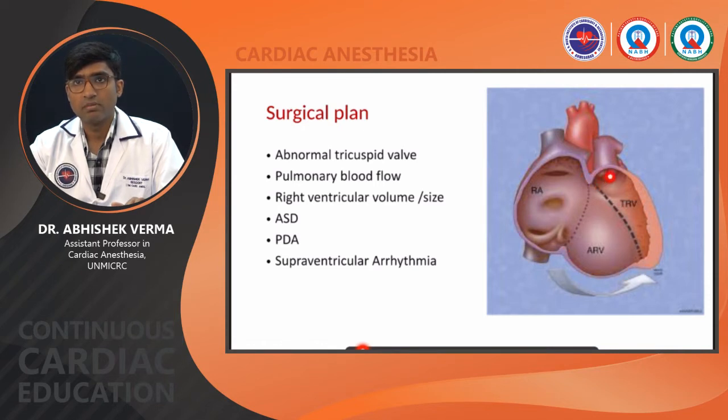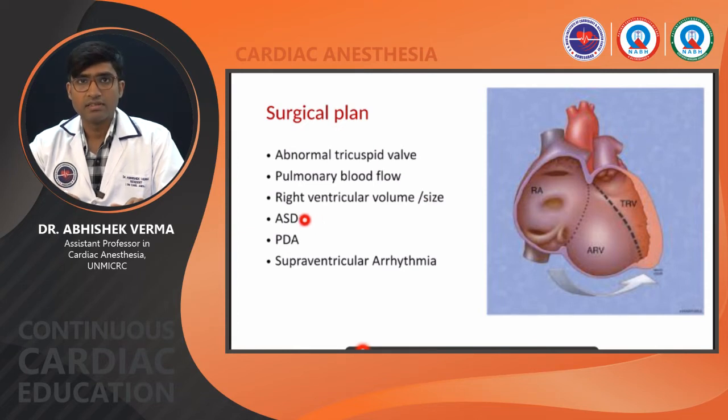There is a decreased pulmonary blood flow because of the very decreased RV cavity. So we have to increase the pulmonary blood flow via PDA stenting, or you can say BT shunt, or we can say the BDG. If the right ventricular size is very small, then it helps provide information about the univentricular or the biventricular repair.